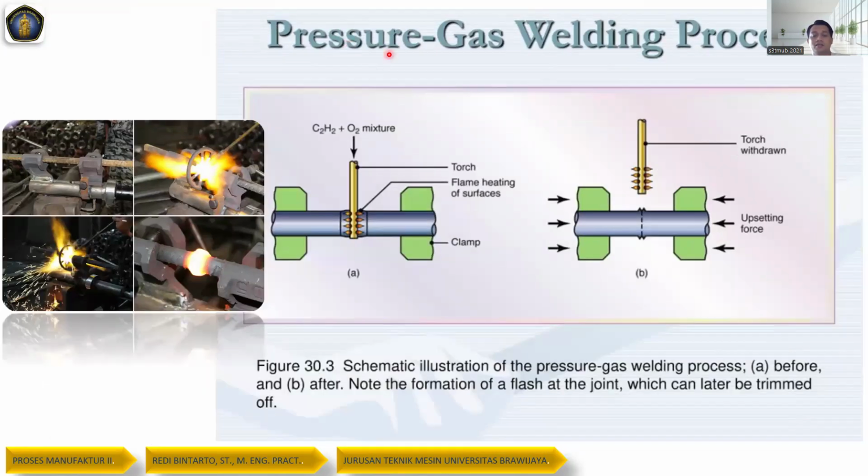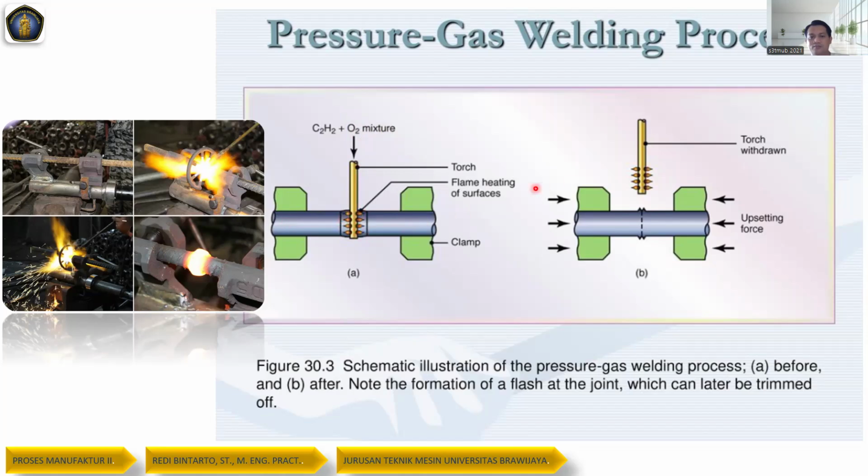Next is the pressurized gas welding process. We can see here there are two kinds of gas mixture, acetylene C2H2 and oxygen O2, mixed in the middle of the two pieces of metal, and then they heat the surface.